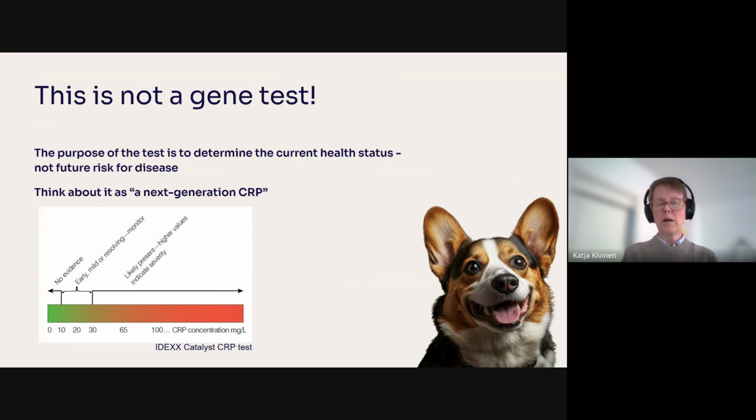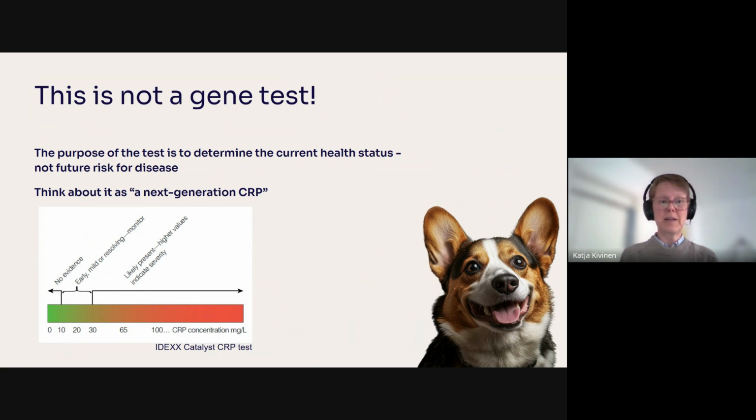So, like I said, healthy dogs have very low levels of cfDNA. And then with the extent and severity of the pathological process, the level of cfDNA increases. The difference to CRP is there is a much larger variation. So the range of what is healthy and what is diseased is massive. In CRP, you usually start to think about disease when there's more than 20 or 30 milligrams of CRP per liter.